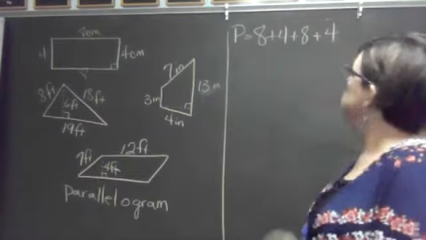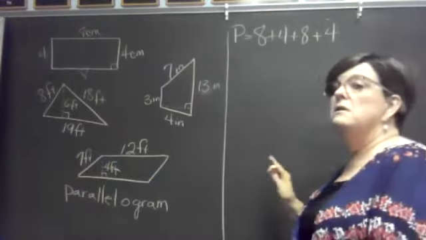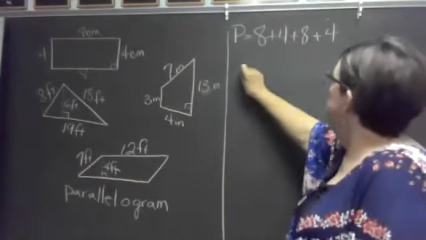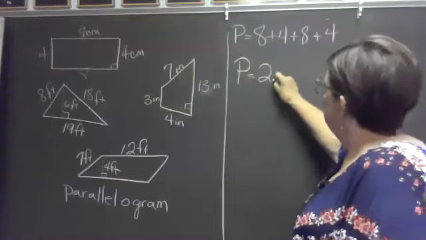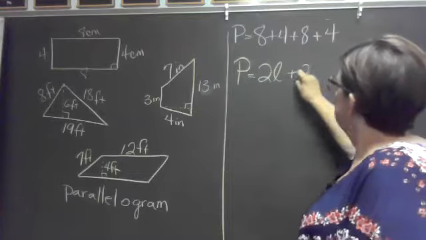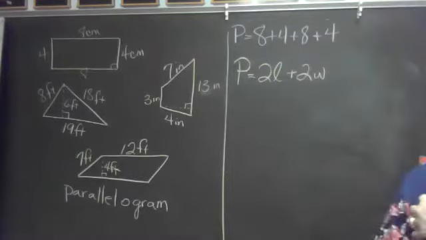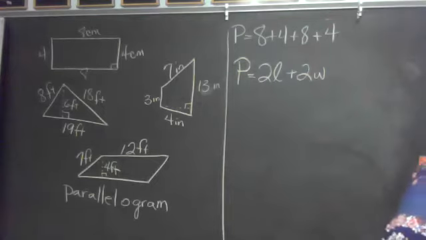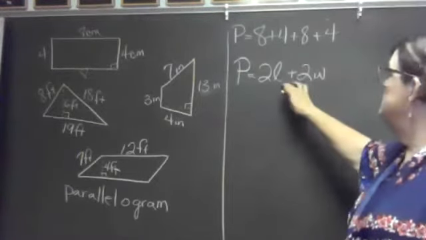Now, I don't want you to get mixed up by looking at the formula. The formula, I think, says 2L plus 2W. Is there one on there? If there's not, it doesn't matter. You will see it like this sometimes.